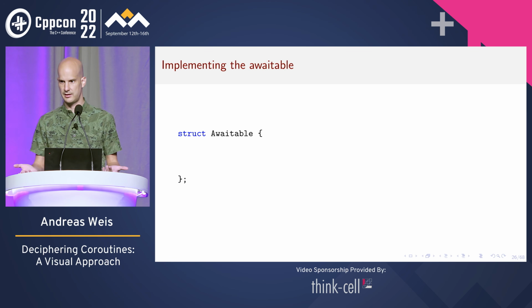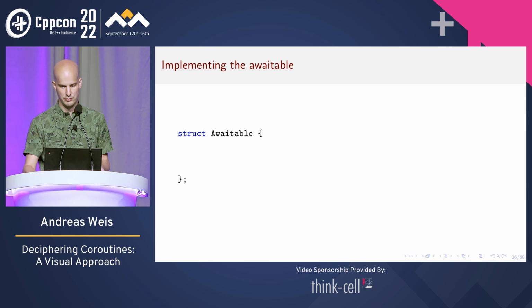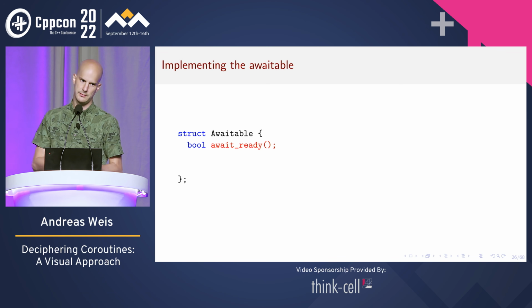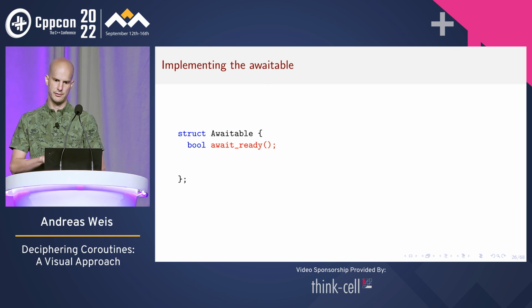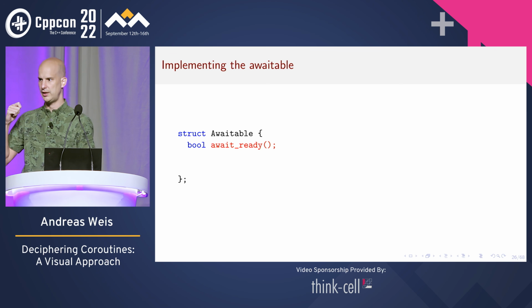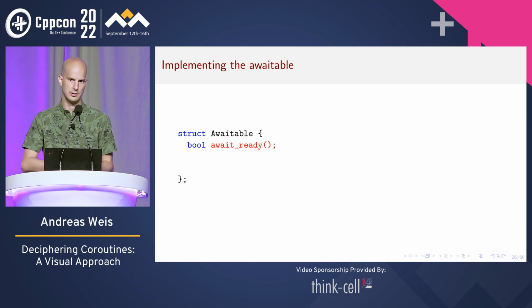So let's do the same thing as before. Let's just try to implement such an awaitable. And we will see again that the compiler will want us to provide a couple of functions there. The first one is await ready, and that function returns a bool. This determines whether we actually go into suspension or we just continue executing.